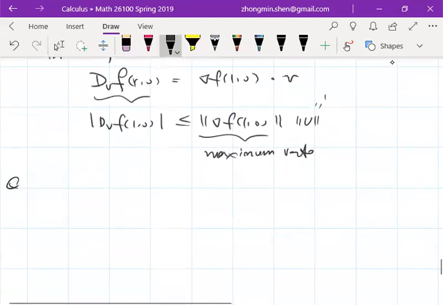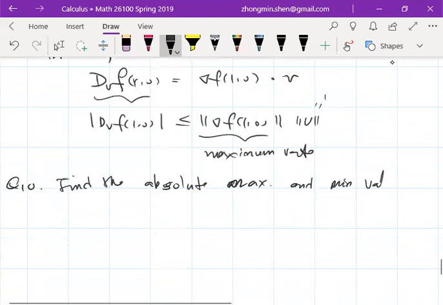Okay, so the next, number 10. Find the absolute maximum and minimum values. This is a little bit more complicated. The function is given by f(x, y) = x squared minus 2xy plus 2x.